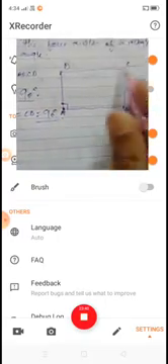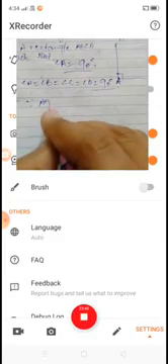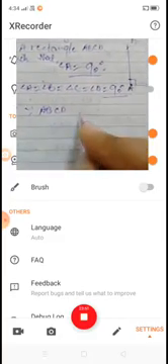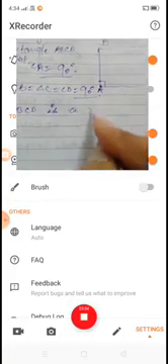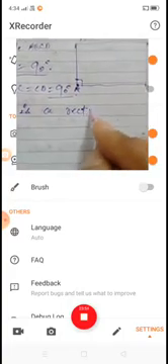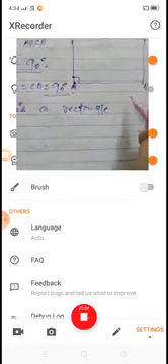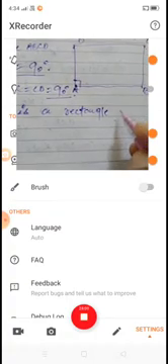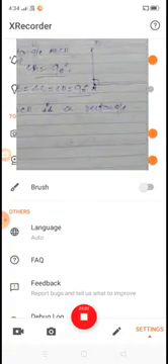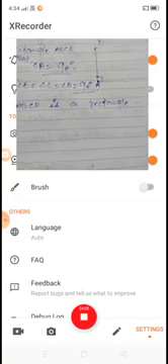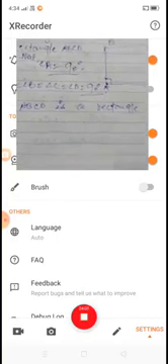Since ABCD is a rectangle, and you know that a rectangle is a special type of parallelogram.